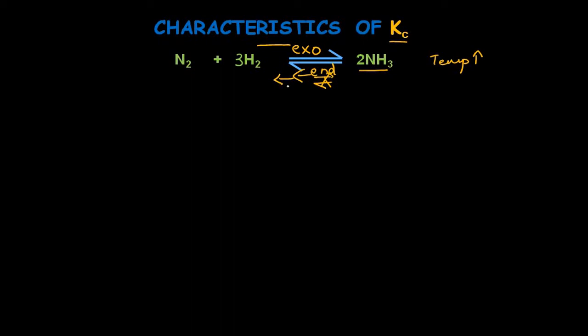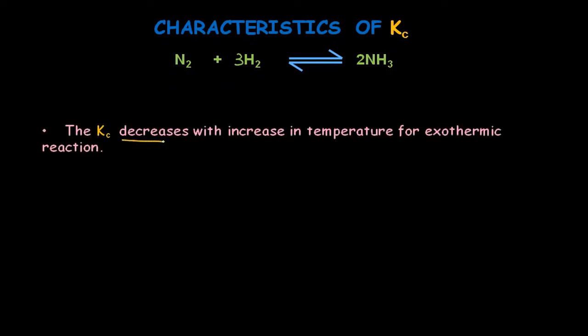So as the reactants are formed more, in an exothermic reaction an increase in temperature will decrease the Kc value because the concentration of products has decreased. So we can say that Kc decreases with increase in temperature for an exothermic reaction, and the opposite of this for the endothermic reaction, that is, for an endothermic reaction, an increase in temperature will increase the value of Kc.